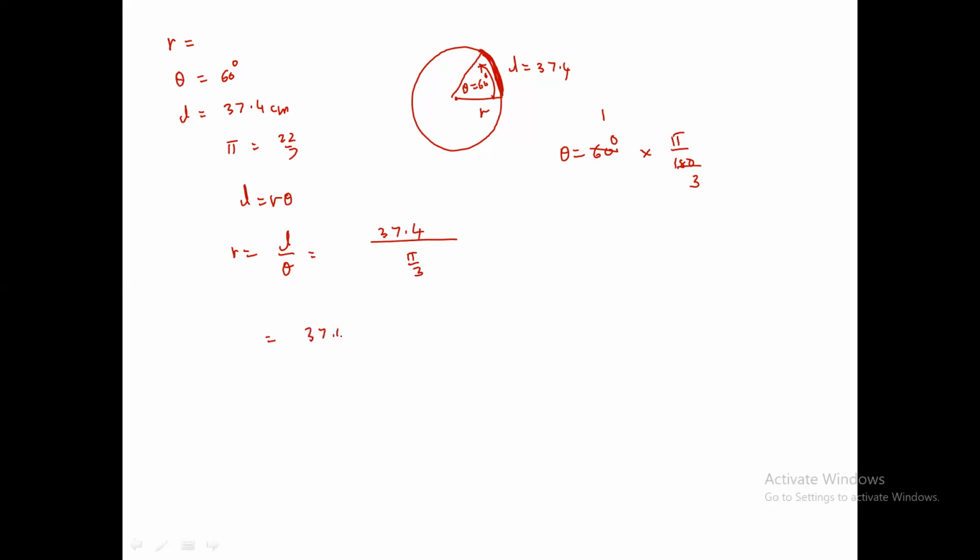That means 37.4 into 3 by pi. But I had to measure the radius, so pi should not be there. So what will I do? Pi I will write 22 by 7. That means 37.4 into 3 into 7 by 22.